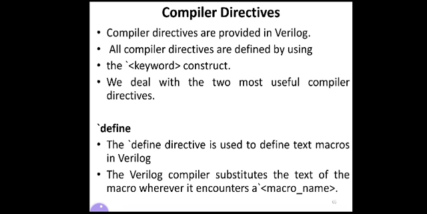So that means whenever we use any word or text with a `define compiler directive, it replaces its value in your program. It is going to substitute that text macro with the declared value.